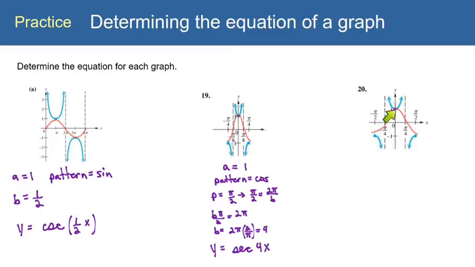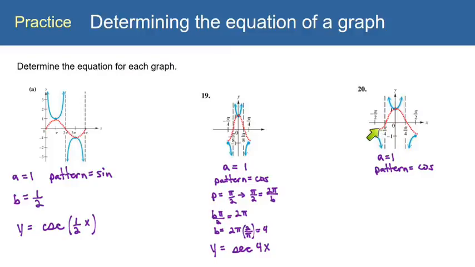But the easiest thing to do is just to start here and say, well, if I start here, this is a cosine graph, and so what they've drawn for us here is a secant graph. So thinking of it that way, amplitude is 1, and the pattern is cosine, and we'll have to figure out b.